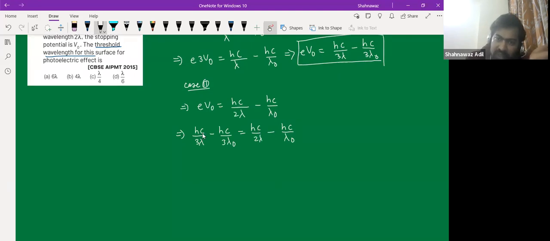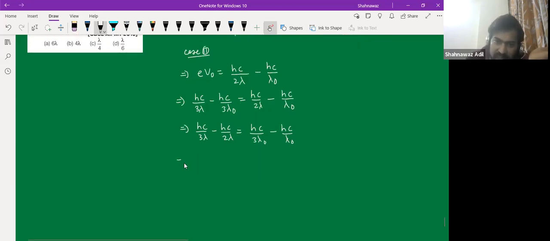This thing will come to this side, and this thing will go to the other side. So this is hc by 3 lambda minus hc by 2 lambda, and this will go and become positive, so hc by 3 lambda naught minus hc by lambda naught. Taking the LCM of 3 lambda and 2 lambda, which is 6 lambda, this is 2hc minus 3hc over 6 lambda, and then this is 3 lambda naught.